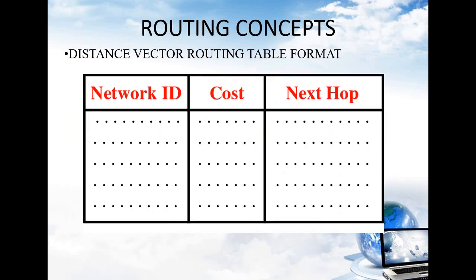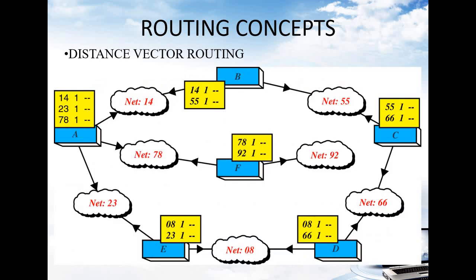This is the distance vector routing table. Its format is network ID, cost, and next hop. See the table: network, cost, next hop. A has the networks 14, 23, 78.